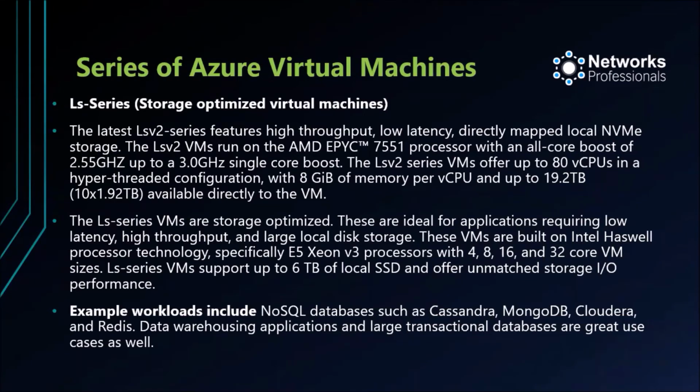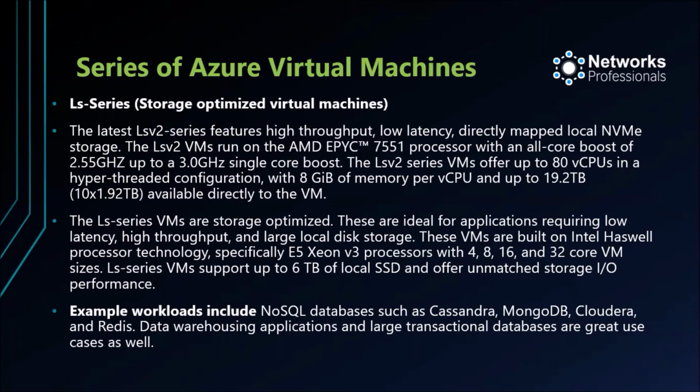The LS series virtual machines are storage optimized. These are ideal for applications requiring low latency, high throughput, and large local disk storage. These VMs are built on Intel's Haswell processor technology, specifically E5 Xeon version 3 processor with 4, 8, 16, and 32 core VM sizes.